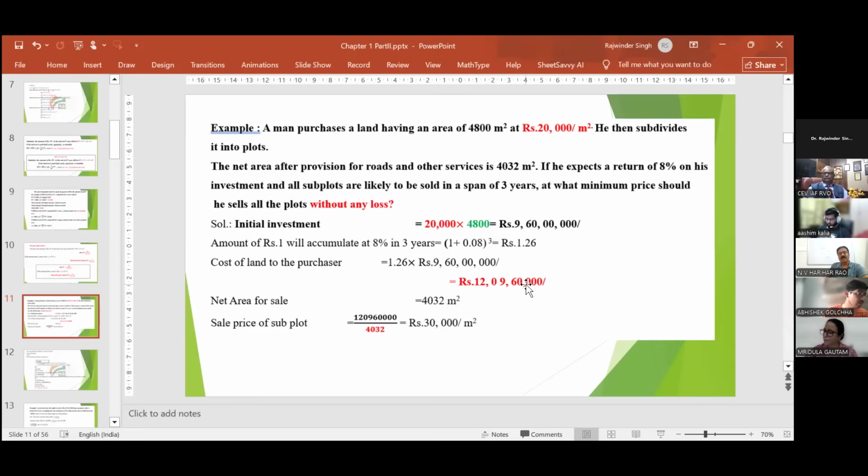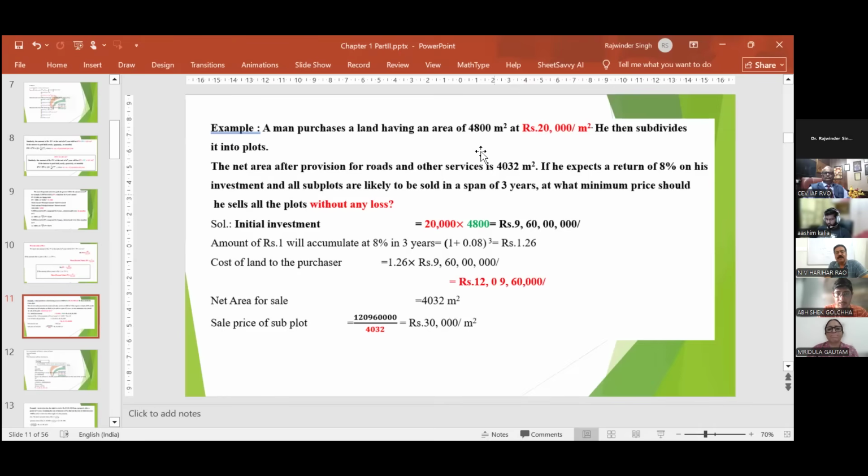Now, how will you get this 12 crore 9,60,000? In this case, by selling the net area. So, what is the net area? Net area will be 4032.